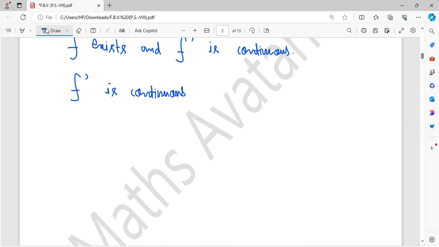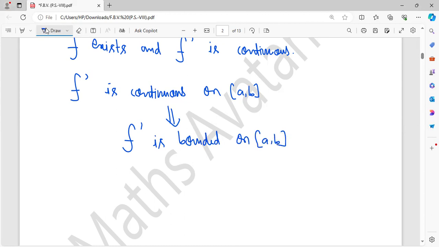So the derivative exists and it is continuous on the closed interval [a, b]. This implies that f dash is bounded on [a, b].